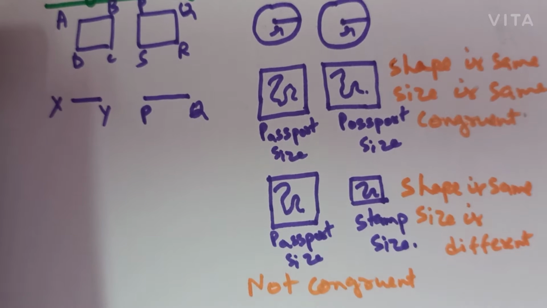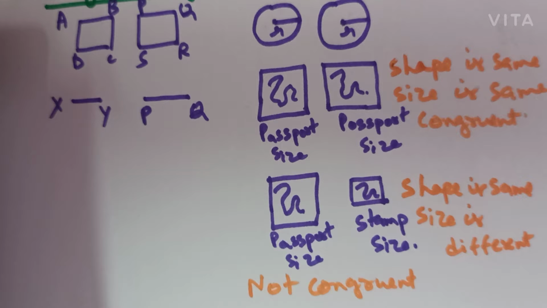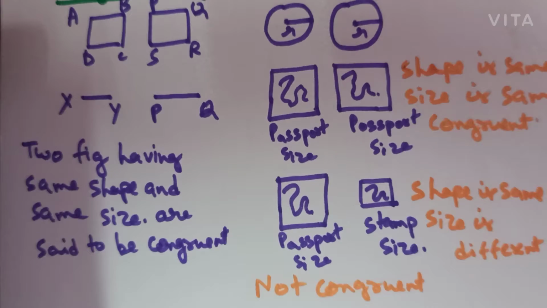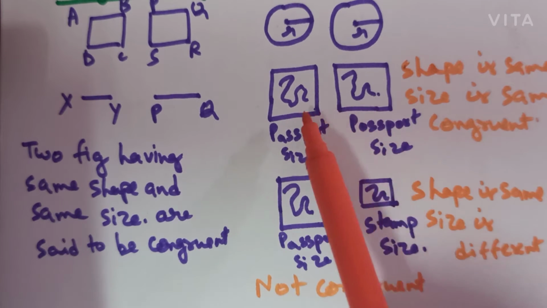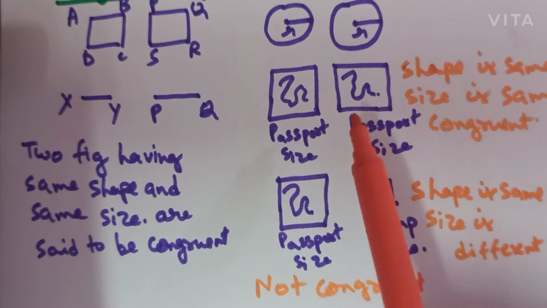Now I hope you have understood that two figures are said to be congruent if their shape and size are the same.